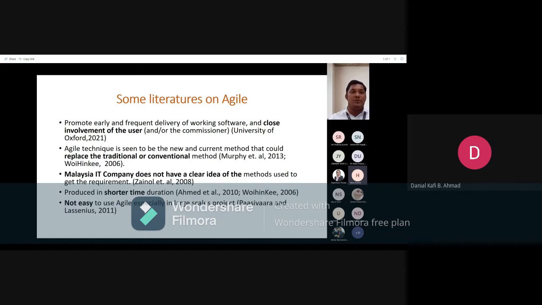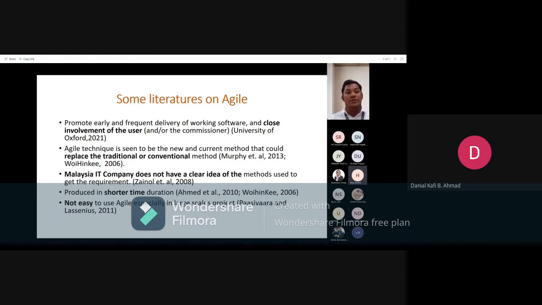When you focus on implementation, more cost will be spent. But if you focus on design, less cost will be spent. Because as I mentioned, in implementation there are a lot of tools that are going to be deployed.